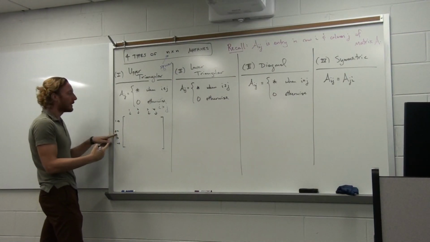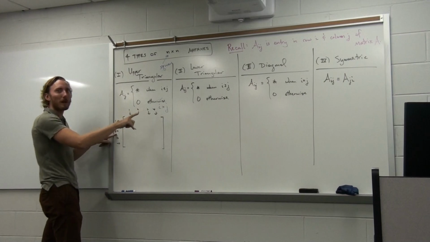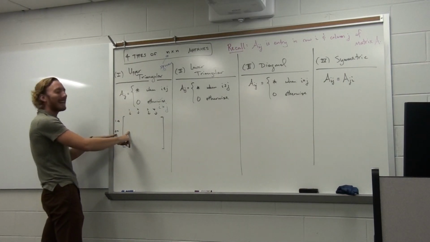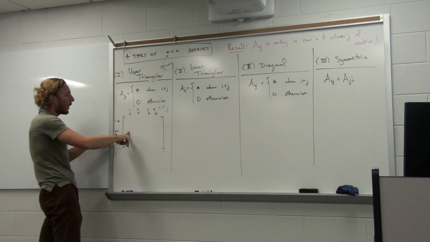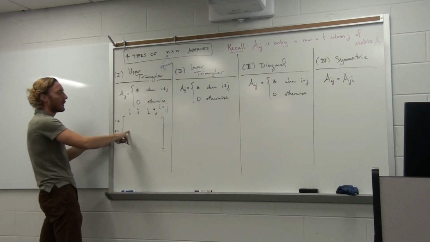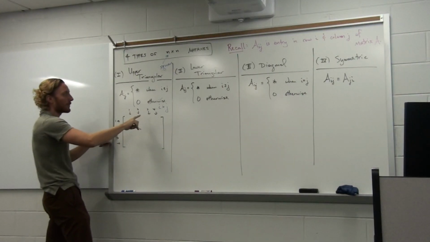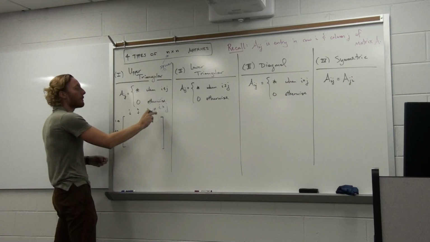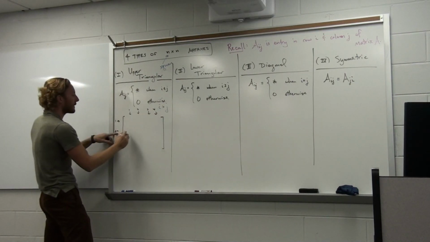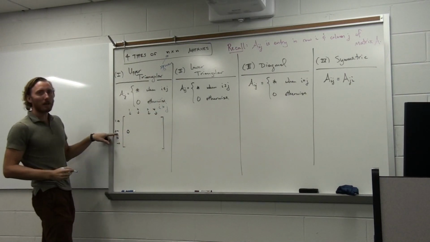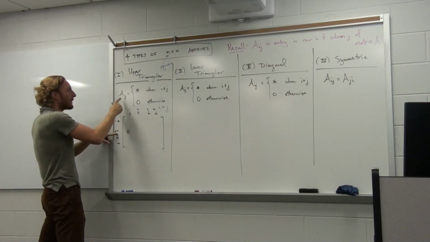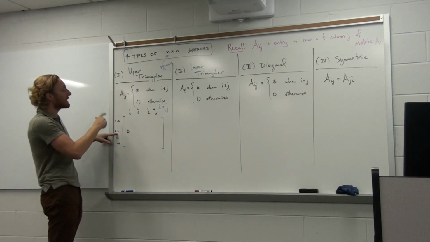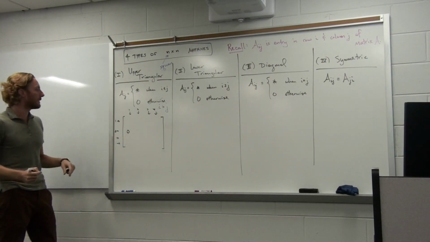In row 2, you can have the row number greater than the column number in the first entry. All other entries in row 2 have a column number at least as big as the row number, but the row number is bigger than the column number in row 2, column 1. And based on the definition of an upper triangular matrix, that means that entry has to be a 0.